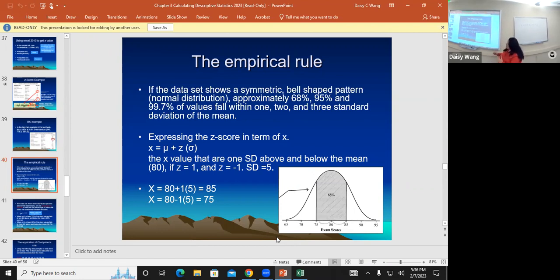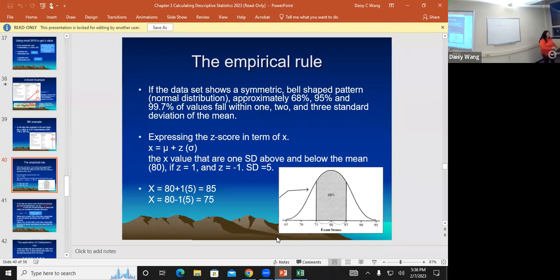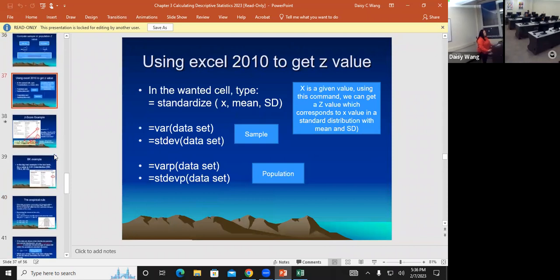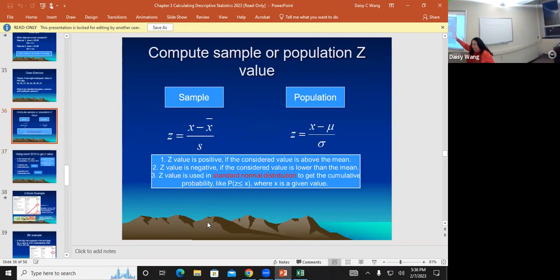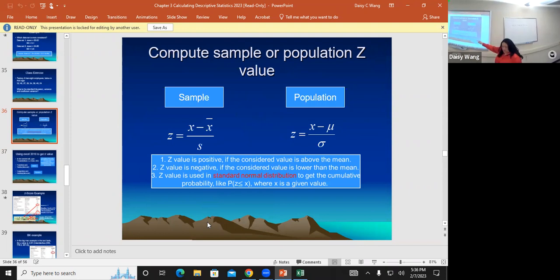So when we have data like this, we have to convert it to a z value. How do we convert that? Because this is based on how many standard deviations, we convert it using x, any x number we want, minus the average x bar, divided by the standard deviation.